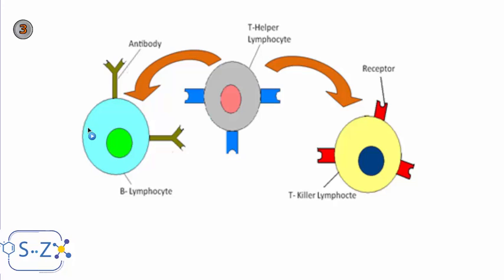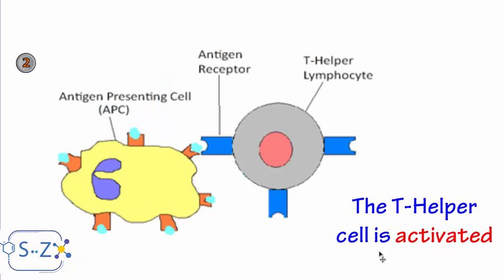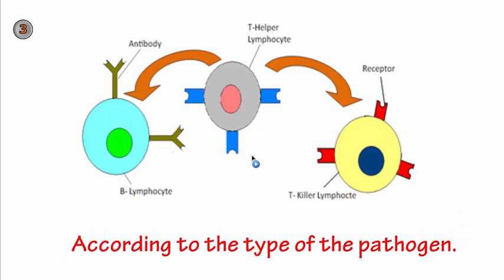But how does the T helper decide which lymphocyte it will activate, the B lymphocyte or the T killer lymphocyte? According to the type of the pathogen. So the T helper, after it receives the antigen from the antigen presenting cell, has to study this antigen, know its type, and activate either the B lymphocyte or the T killer lymphocyte.